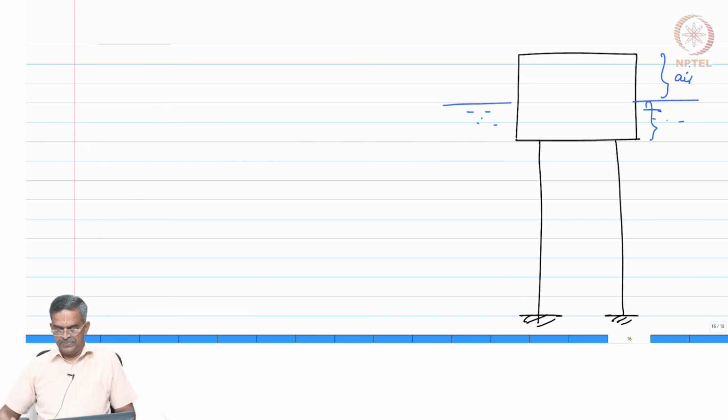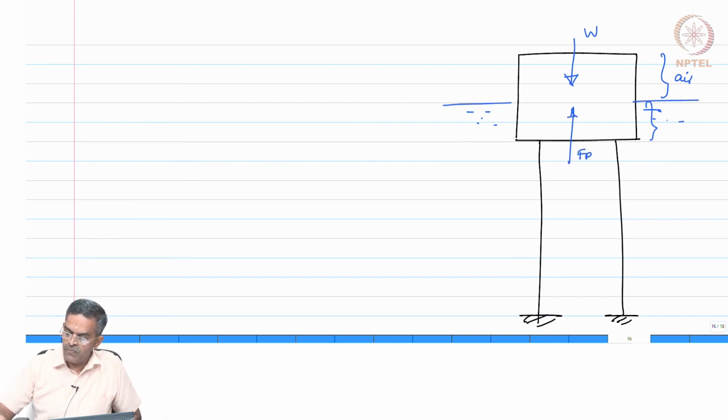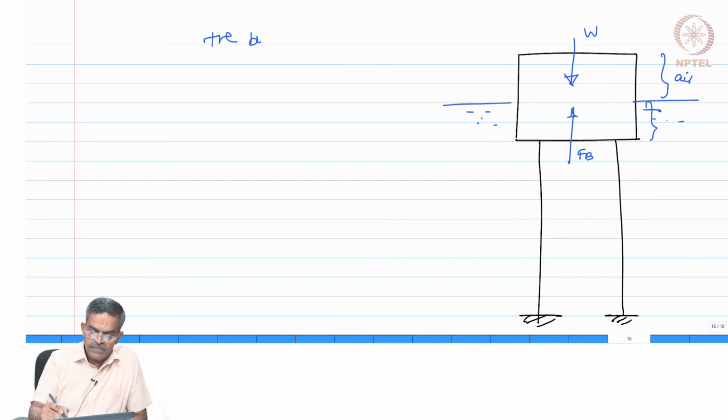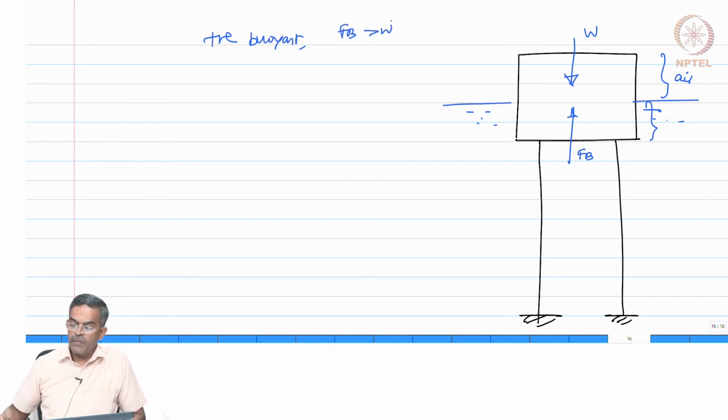Okay? The body has some weight. The submerged portion of the body will offer an upward force which is buoyancy force. As per design, if the system has to be positive buoyant, then FB will exceed W. To compromise this, to adjust this difference, we will have tension in the cables.